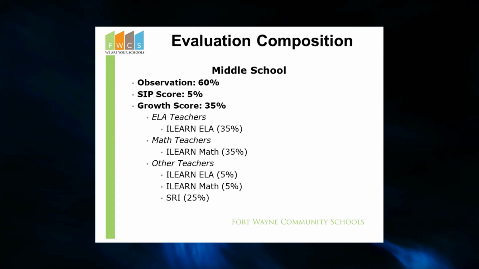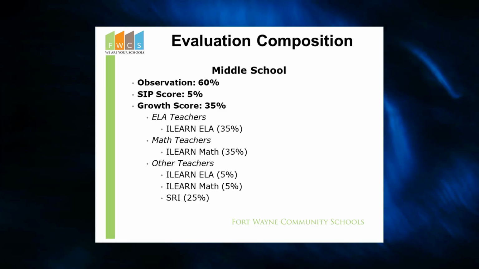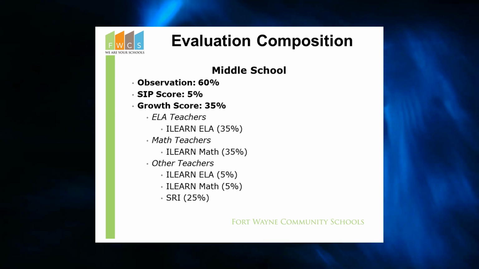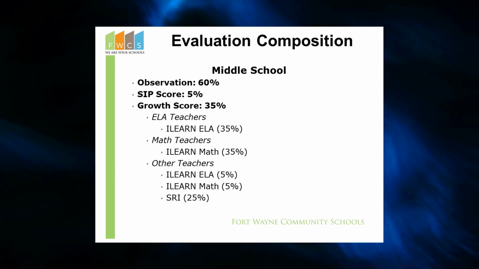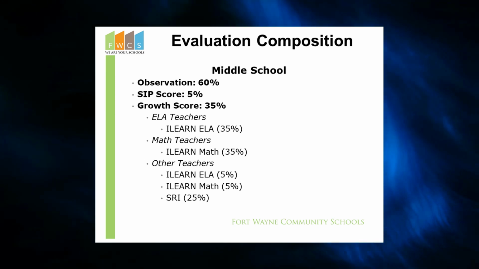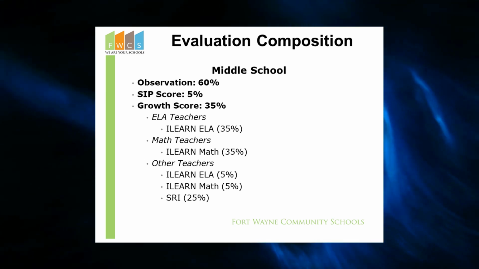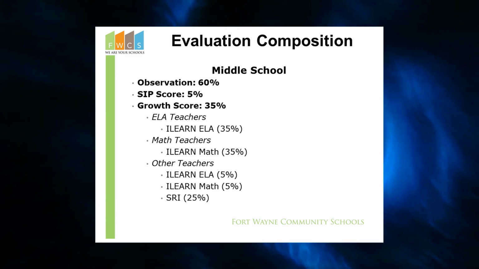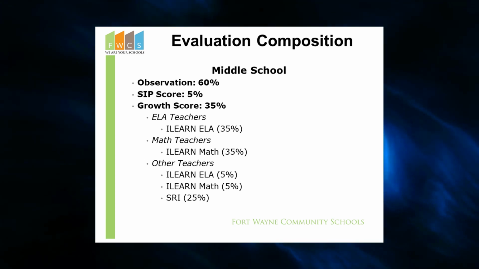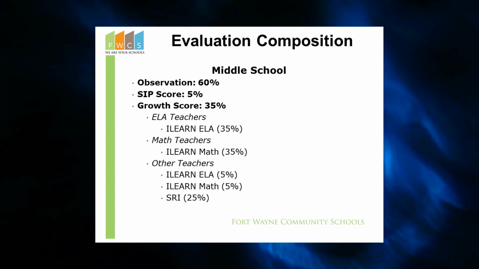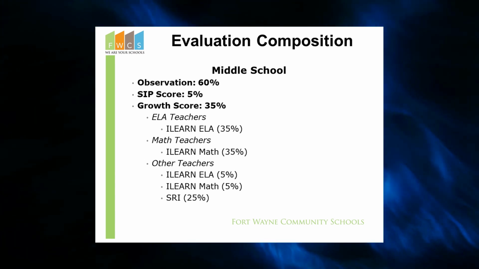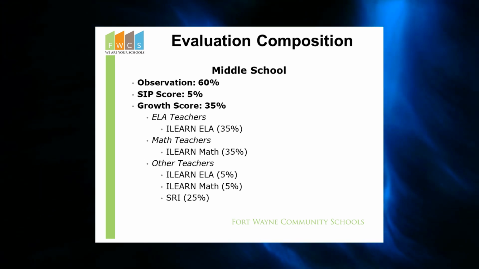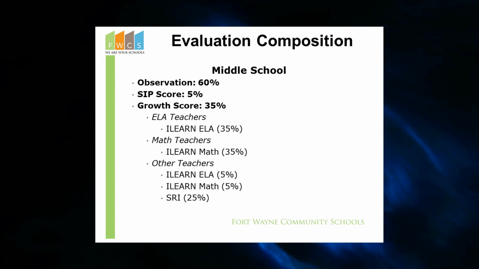For middle school teachers, the summative rating will be 60% observation, 5% SIP performance, and 35% student growth. For teachers that only teach language arts, only the ILEARN ELA growth will be used. Similarly, for teachers that only teach math, only ILEARN math will be used. For teachers that teach other content areas, SRI will be weighted more than the ILEARN ELA and math growth.